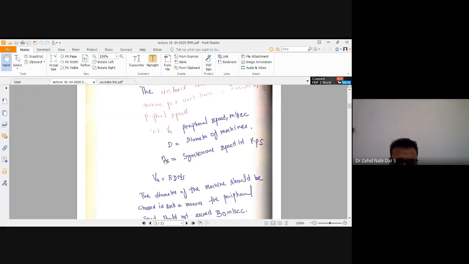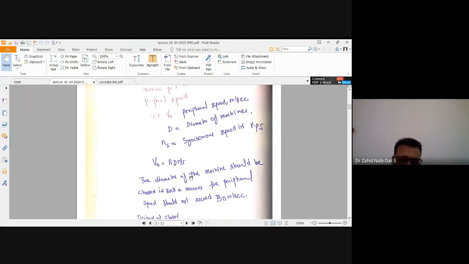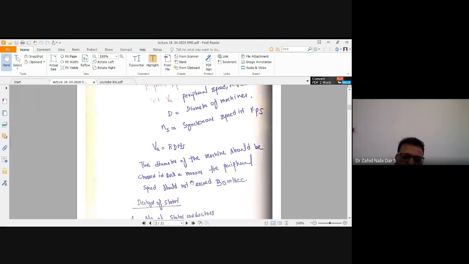Please note here, Ns is the synchronous speed in rotations per second, which is why I have written Va equal to pi D Ns. If Ns is given in minutes, we have to divide this term by 60, as we had to in our problem. Usually the diameter of the machine should be chosen so that the peripheral speed does not exceed 30 meters per second. Now there are certain things like the design of the stator.